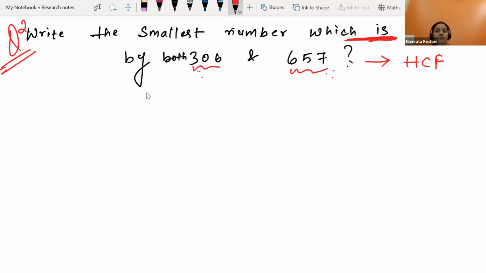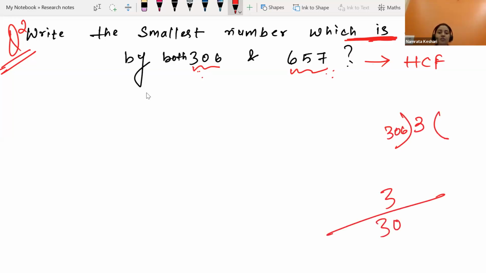Is it so? Yes or no? No. 3 is divisible by 657? Is it making sense? No, fractions will be coming over here. 3 can divide 657, but 3 itself is not divisible by 657 and 306.